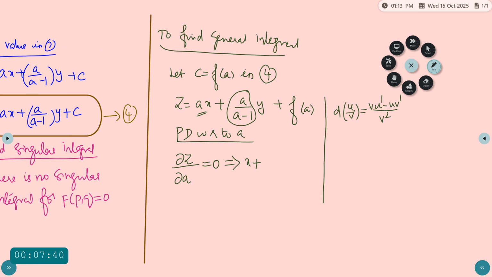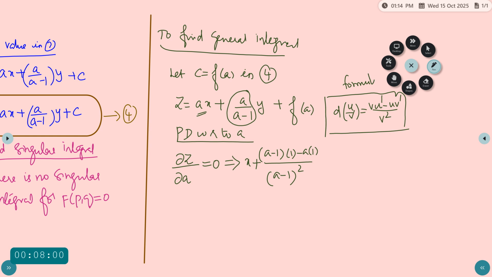Now apply this formula. x, and then (a minus 1) into 1 minus a into 1, divided by (a minus 1) the whole square. This is the formula we are applying in this step, the u by v formula. The numerator is considered as u and the denominator is taken as v.